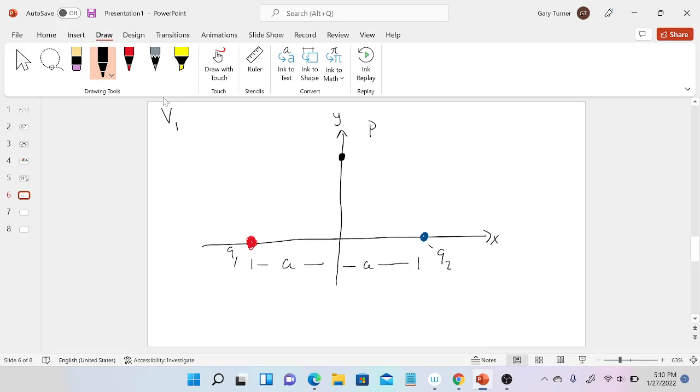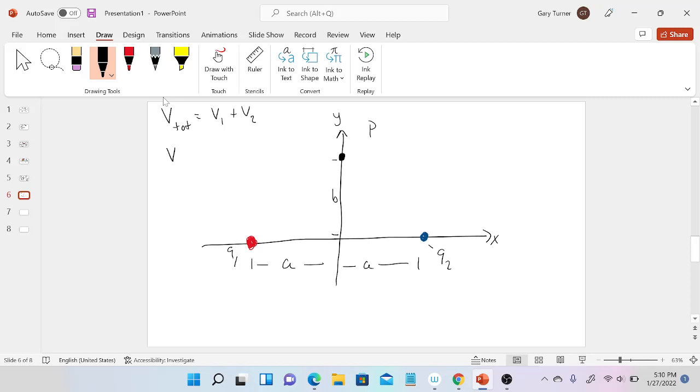And so the total potential is going to be the potential from Q1 plus the potential from Q2. This is just straight up addition, but we don't need to fuss with components, which is really nice. And so let's suppose that this is a distance B above the axis.